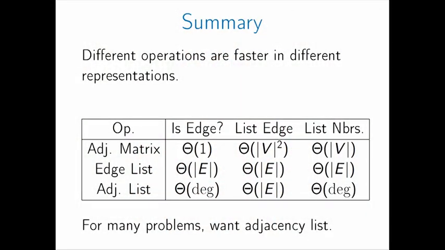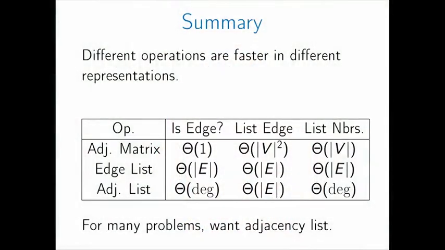Now, another thing you might want to do is list all of the edges in a graph. And the adjacency matrix is terrible here because the only thing you do there is scan through every entry of the matrix and each one gives you an edge. But that takes time proportional to the number of vertices squared. However, the edge list does this very easily. It just lists all the edges in order, which is what it does. O of E time.